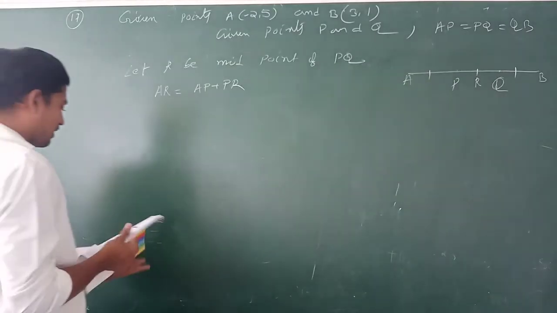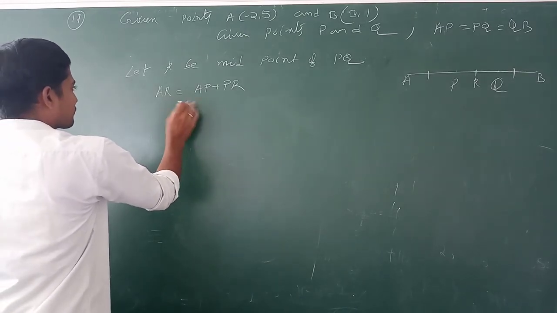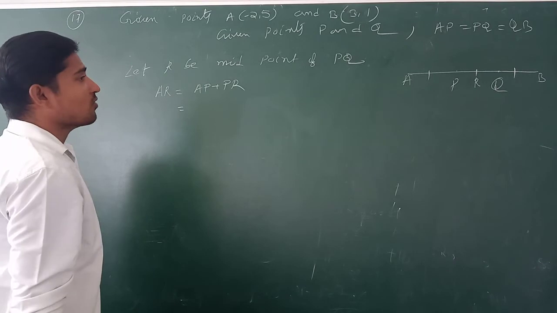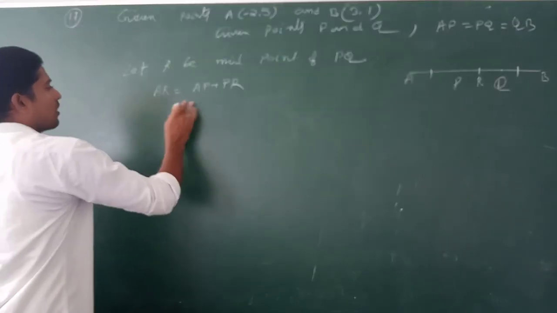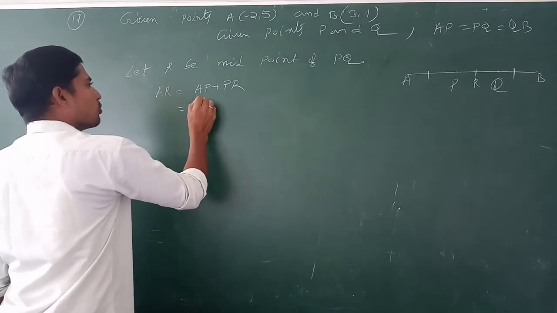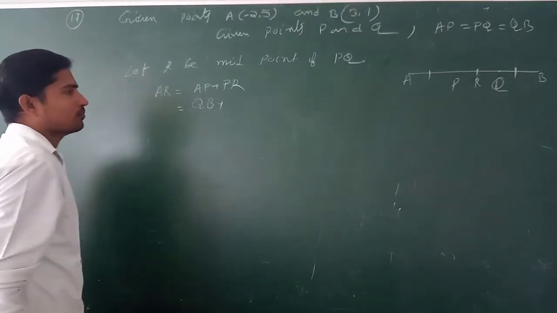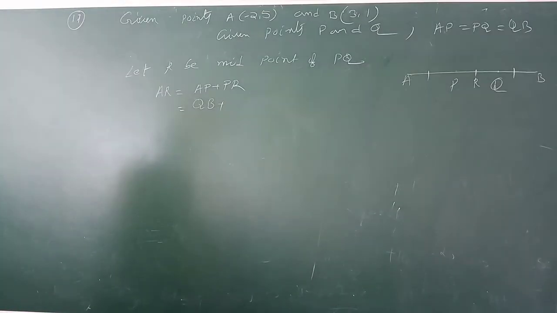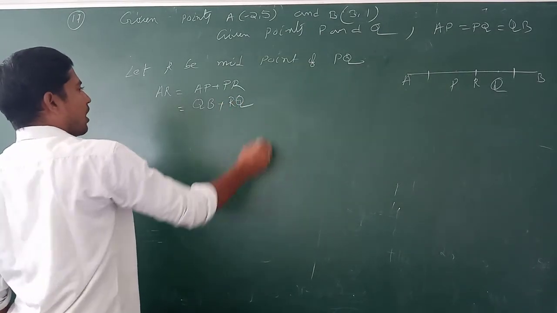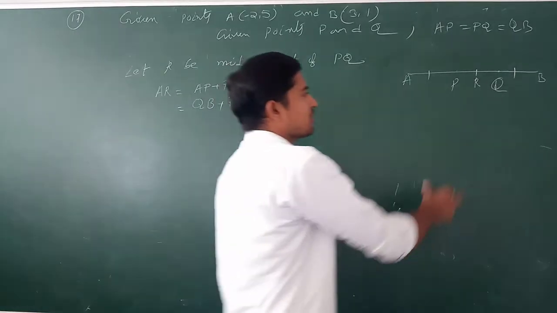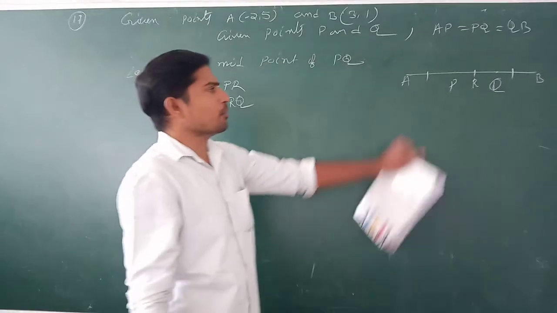Here AP is equal to what he said? QB. In place of AP, write QB. PR is equal to RQ. Why? Because R is the midpoint of PQ. If R is the midpoint of PQ, then PR is equal to RQ.